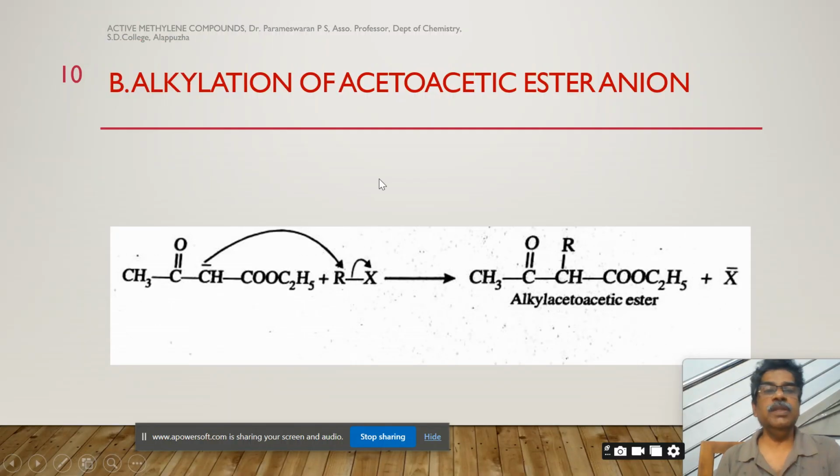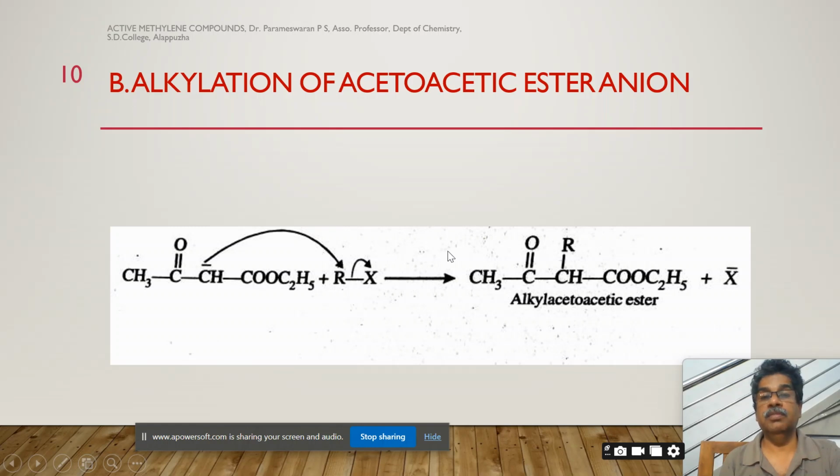And the next step, what will happen if we have an alkyl halide? This carbanion acts as a nucleophile, which attacks the carbon connected to the halogen. See, this negative ion attacks this carbon.